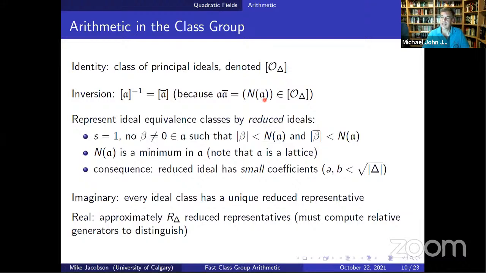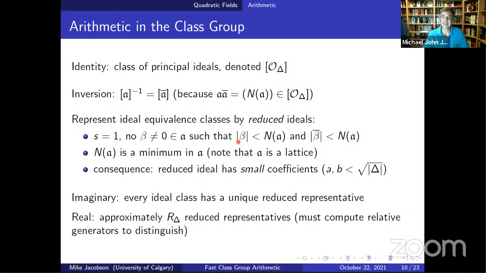So we say that an ideal is reduced if, first of all, this coefficient s is equal to 1. That means that the ideal is primitive. It has no integer factor in it. And then, also subject to this other condition, that there's no non-zero element such that the element and its conjugate in absolute value are both less than the norm of the ideal.